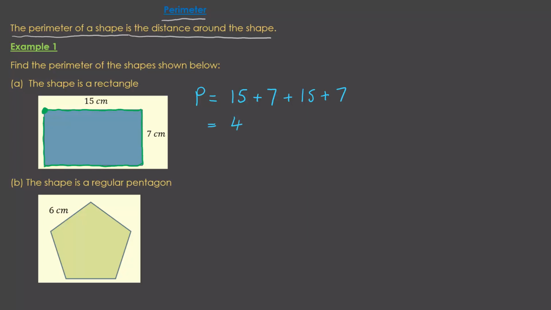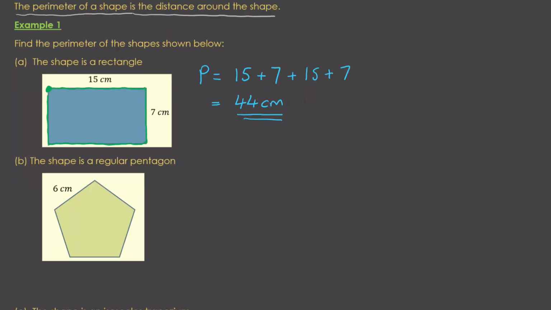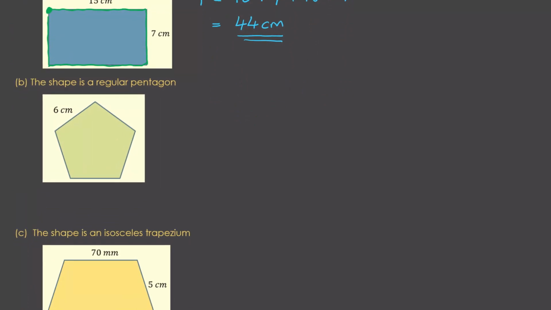Altogether, that gives me 44 centimetres. Now that may seem like a very simplistic approach, but when you get to more complex shapes, it really helps to take that approach.